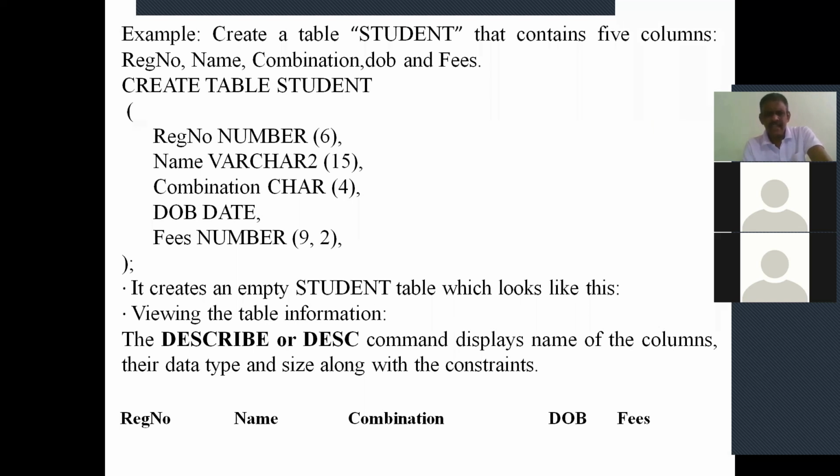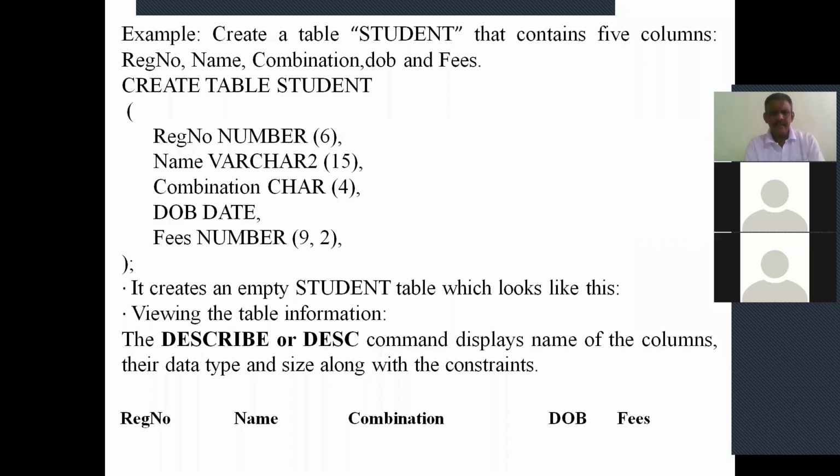If you are using A, B, CS, then you can go with char of 5. Then next column, DOB, date of birth column name. Date of birth contains date. Already in SQL we have one data type called date. Straight away we are writing date. It is a fixed value.